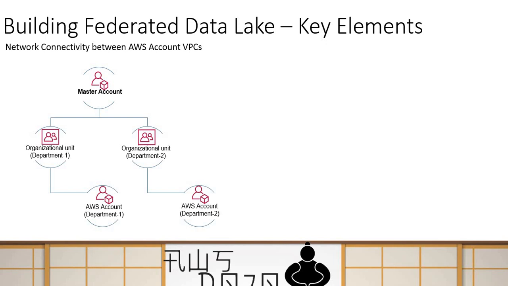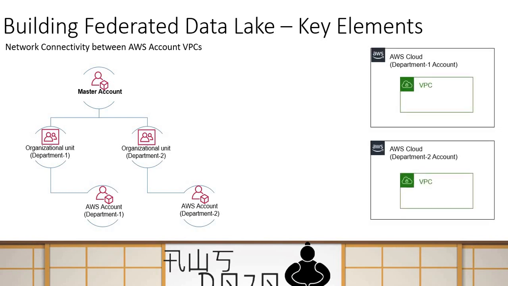Remember, the requirement in a federated data lake is that though I have my own department 1 data lake, if business needs arise, I can access data from the department 2 data lake as well. If I'm running, say, an EC2 instance out of a VPC, then I need VPC connectivity to the other department's AWS account or VPCs so that I can access the resources from there. So network connectivity between AWS account VPCs is very important.